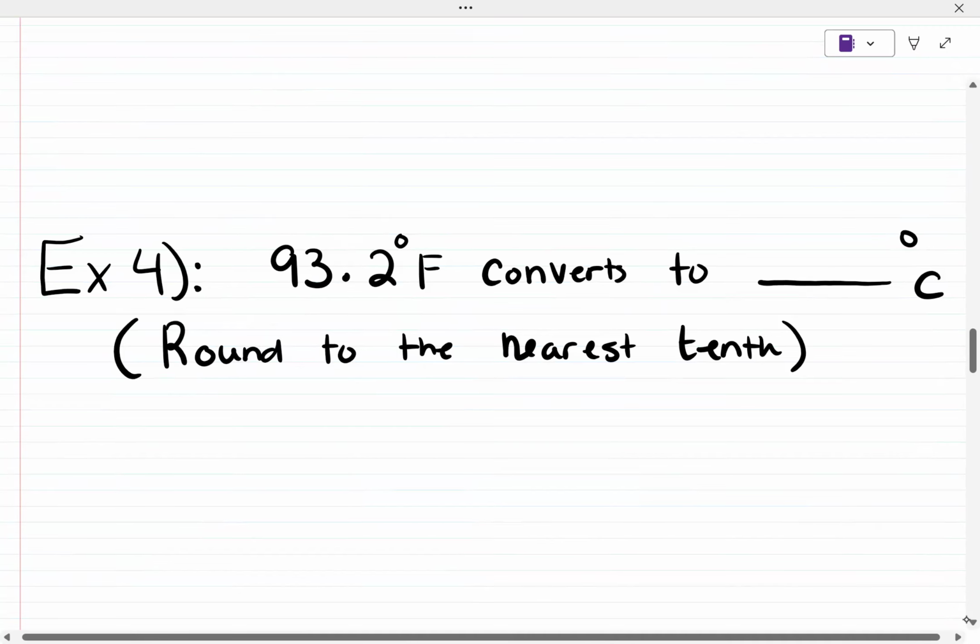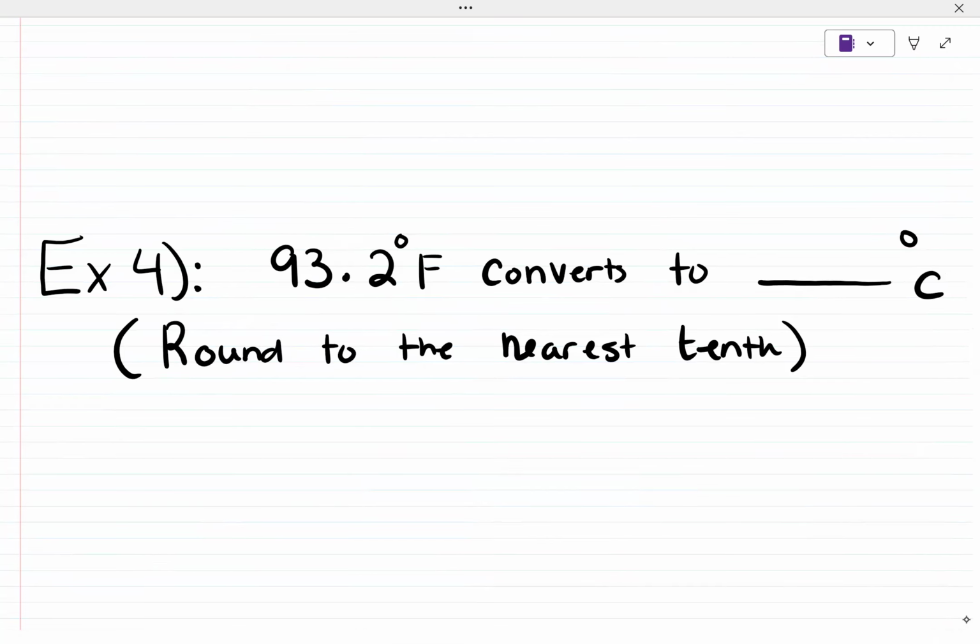Okay, example four, we have 93.2 degrees Fahrenheit. We want to convert it to degrees Celsius. This time it says round to the nearest tenth. So we're going to use degrees Celsius equals Fahrenheit minus 32 all over 1.8.